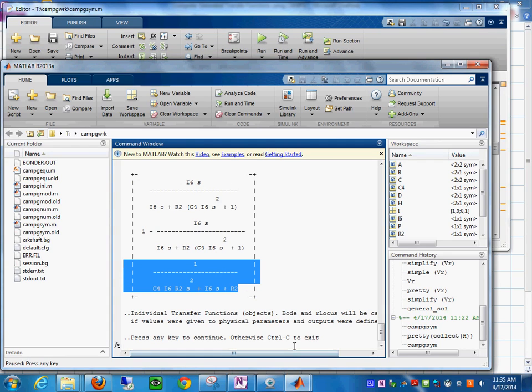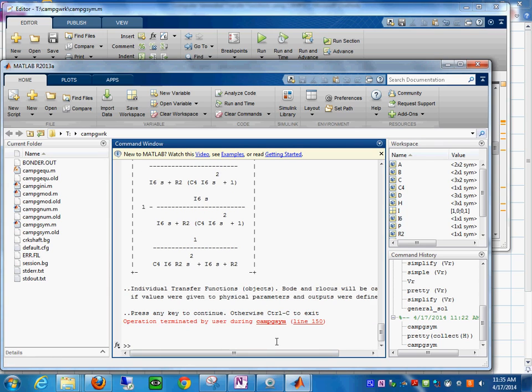I think we did something to make it look pretty. I'll just do the same thing. I think we said pretty was collect terms so that it would look nice.